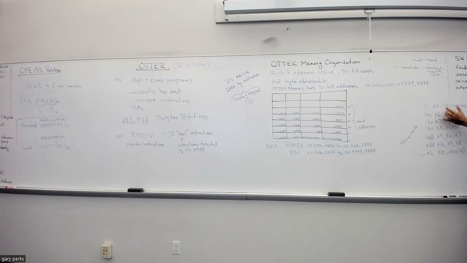Register 5 still has the address of the switches, so this just adds 20 to it, which gives me the address of the LEDs. And this instruction takes the result that's in register 10 and outputs it to the LEDs.